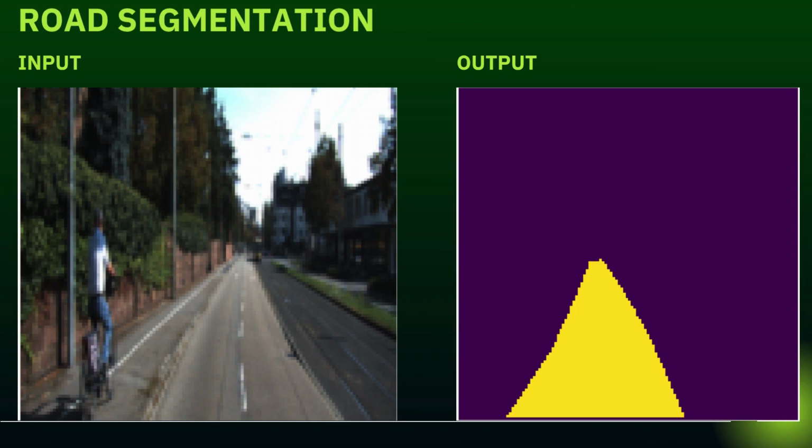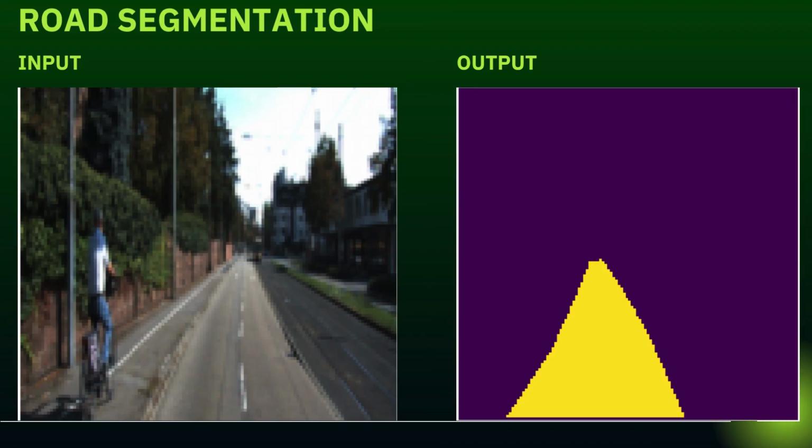So to a normal human, if I give you this image, the input image on my left, you can easily map out which part makes up the road and which one does not. But computer vision models only understand bits, zeros and ones, so they can't easily figure out semantically that this part belongs to the road and this part does not.